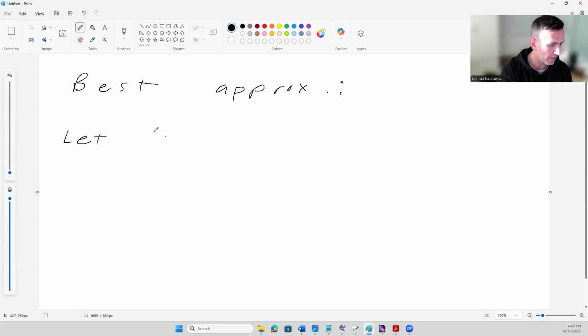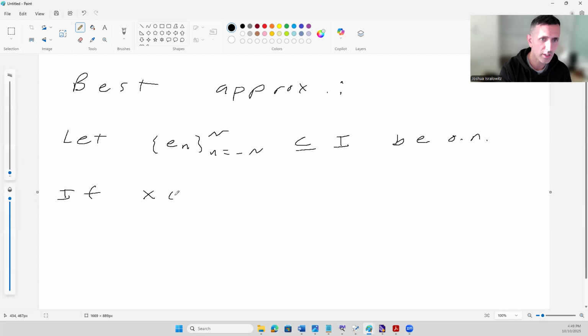Let's say we have an orthonormal set, and I have Fourier series kind of in mind, so we'll go from minus n to n. And let's say I is an inner product space, it does not have to be complete, so we do not need a Hilbert space.